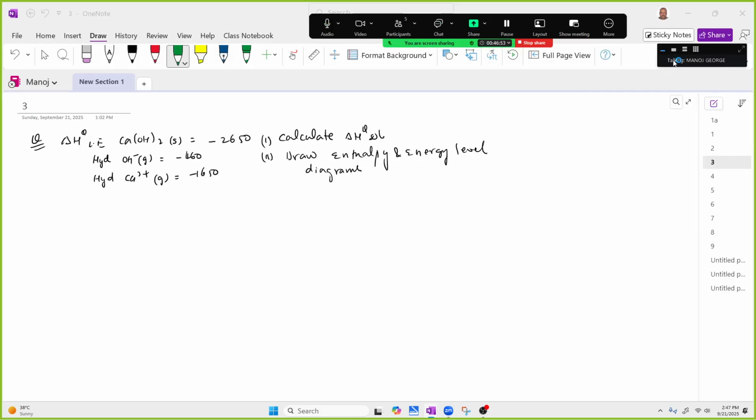Okay, so if someone can get me the answer, you want to use that format which I just gave you? Because sometimes they'll ask you to draw. So if you want to just calculate the answer directly, delta H solution equals delta H hydration minus delta H lattice energy. So you can go directly also.